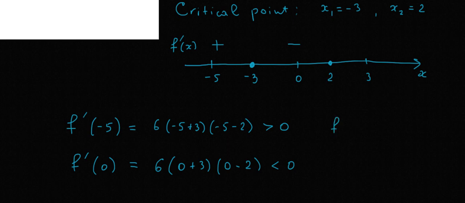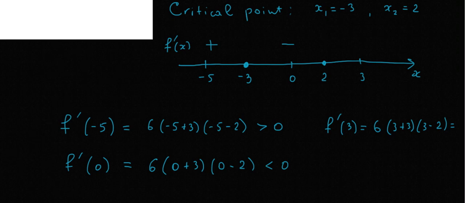Finally, the value of the derivative at the third test point 3 is 6 times 3 plus 3 times 3 minus 2. Again, I do not really need to calculate what this is equal to exactly. I just need to know whether the result is positive or negative. And since all 3 factors here are positive, the result is going to be positive, so greater than 0, and we have positive values on the third segment.